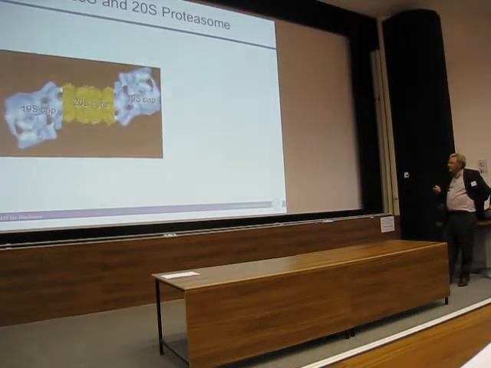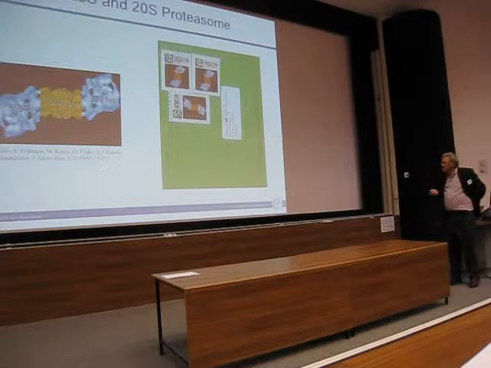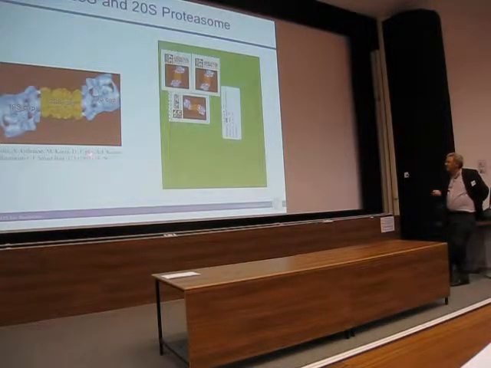Now, that structure remained the textbook structure for quite a while. As you see, it's not quite 20 years, but a long time ago. And it was, of course, very unsatisfactory because it did not really provide much insight into the mechanism of the 26S proteasome.